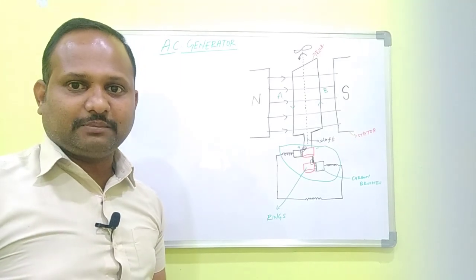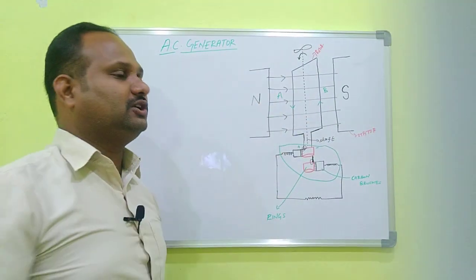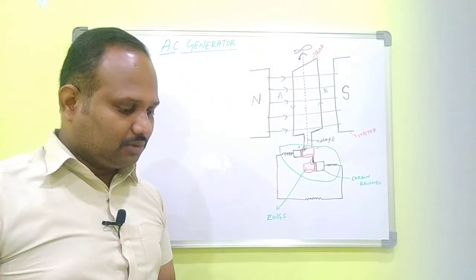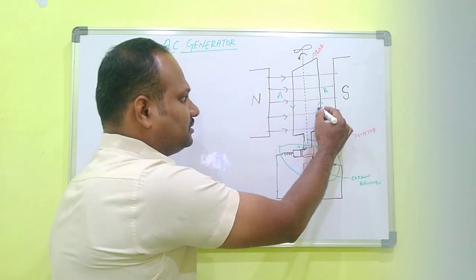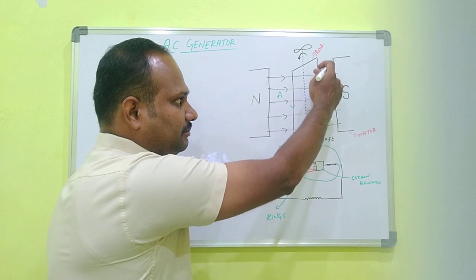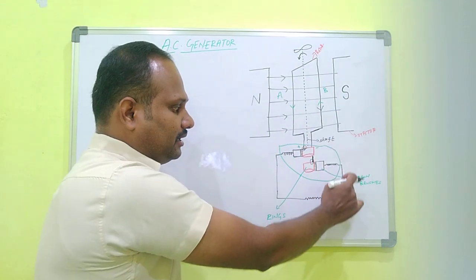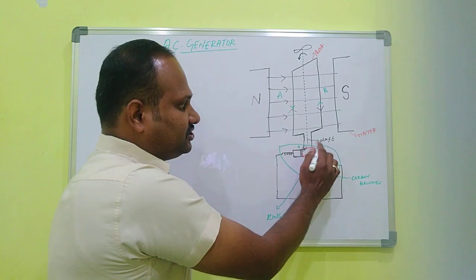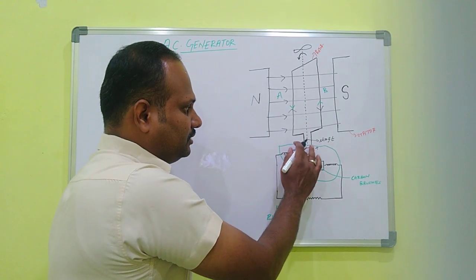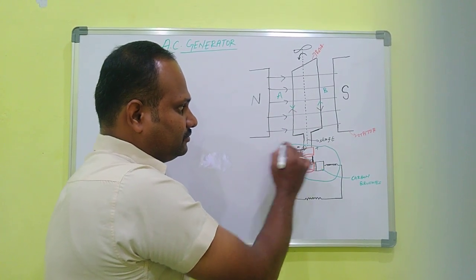So we use Fleming's right hand rule once again. Now the rule says the current comes from arm B and goes to arm A. So the polarity changes. This becomes positive and this becomes negative.